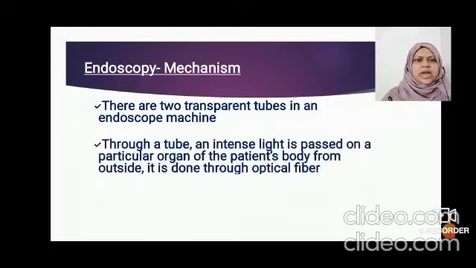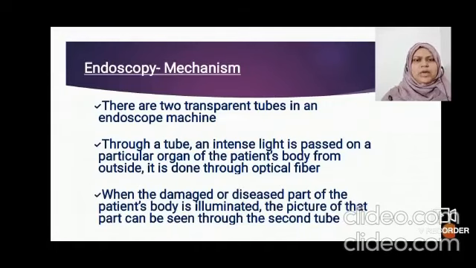Through a tube, an intense light is passed on a particular organ of the patient's body from outside. It is done through optical fiber. When the damaged or diseased part of the patient's body is illuminated, the picture of that part can be seen through the second tube.